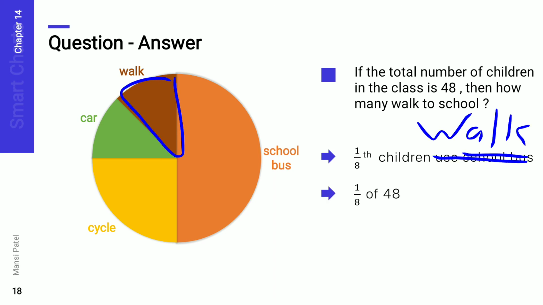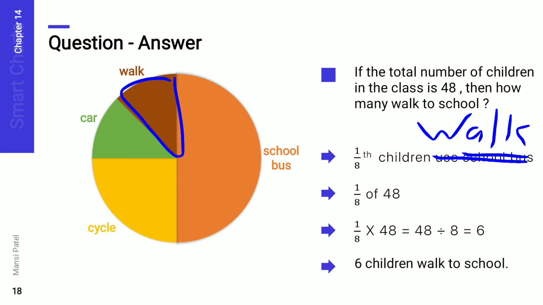Now, do the multiplication. 1 upon 8 of 48. 48 ones are 48 divided by 8. So again, 6 children would like to come to school by walking.